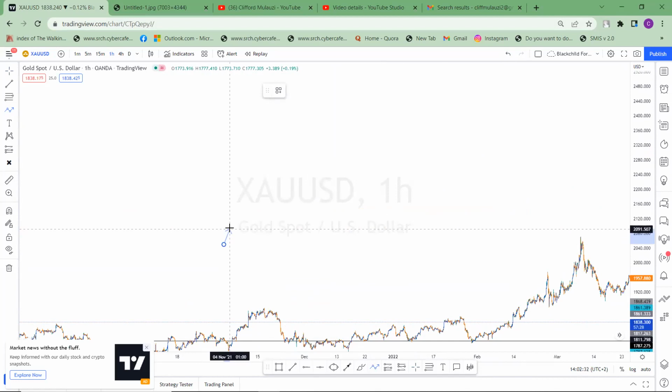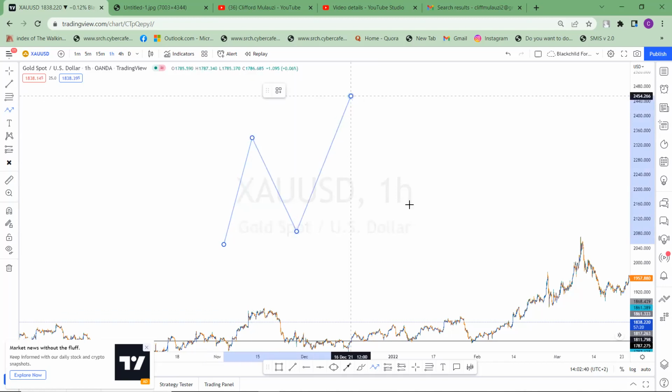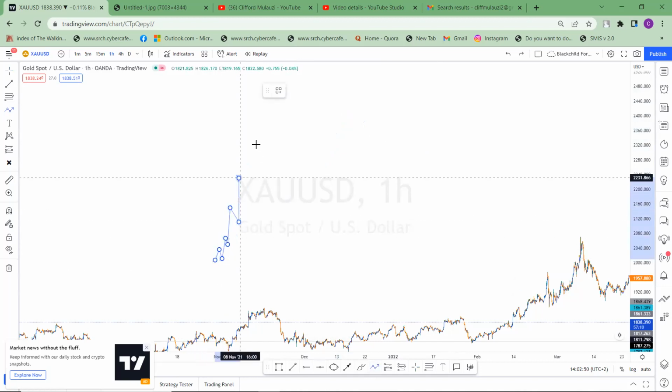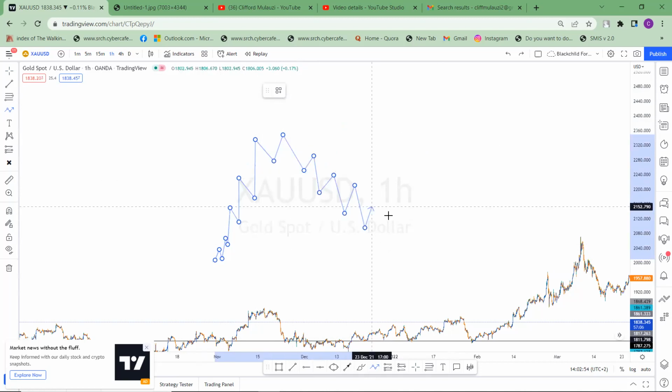Instead of price just moving straight, it moves in zigzag: it goes up, comes down, goes up, and then starts coming down.